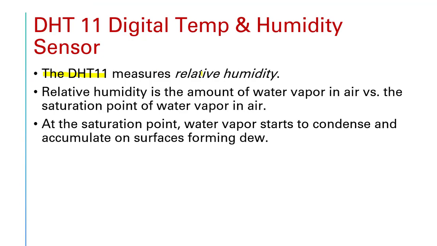Relative humidity is the amount of water vapor in the air versus the saturation point of water vapor in the air. So we need to look at the saturation point of water vapor and the amount of water vapor in the air.